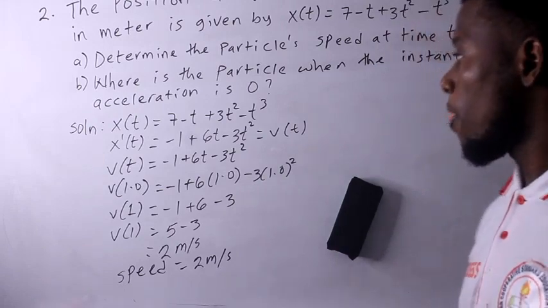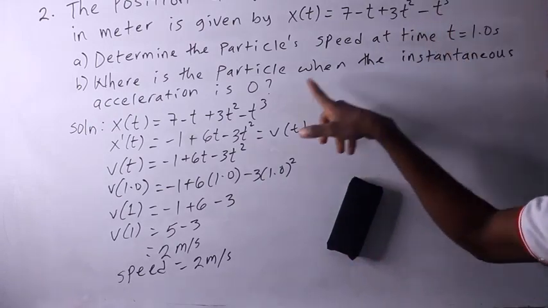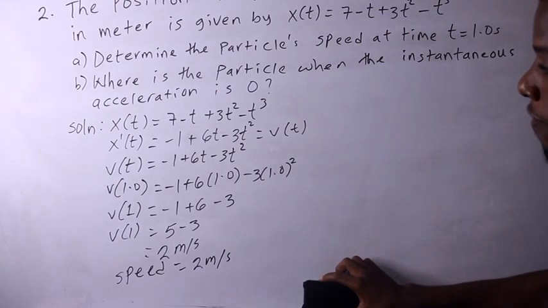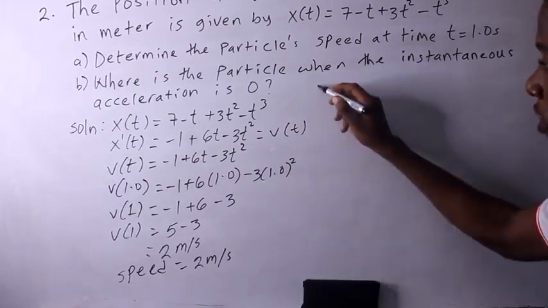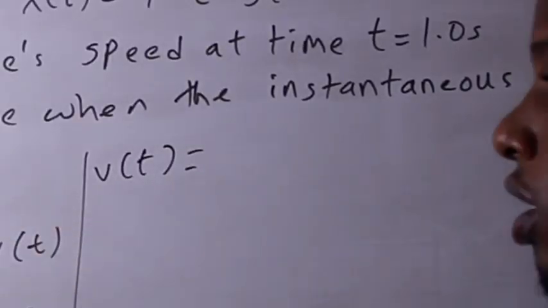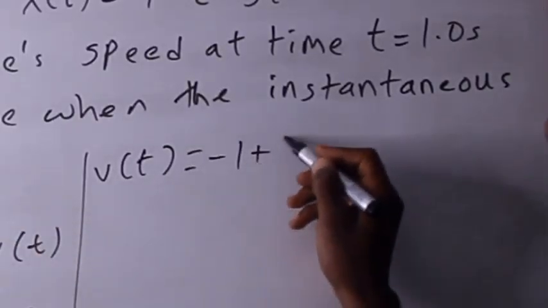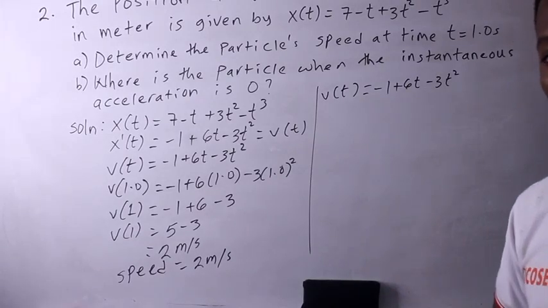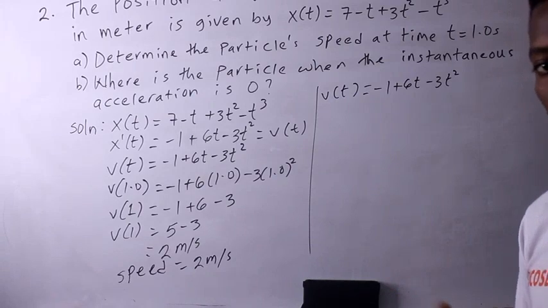Now let's find where the particle will be when the instantaneous acceleration is 0. We already have the velocity function v of t, which is negative 1 plus 6t minus 3t squared. The change in velocity of a particle with respect to time is called the acceleration.